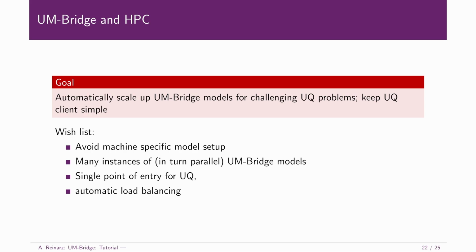And then we want something which is parallel in both aspects. So we want, of course, to be able to run models which require parallel computing power. So for example, the tsunami model is one of those. If you switch that all the way up to level equals 2, that becomes very expensive, and you don't want to run that on a single core, you want to run that on multiple cores.